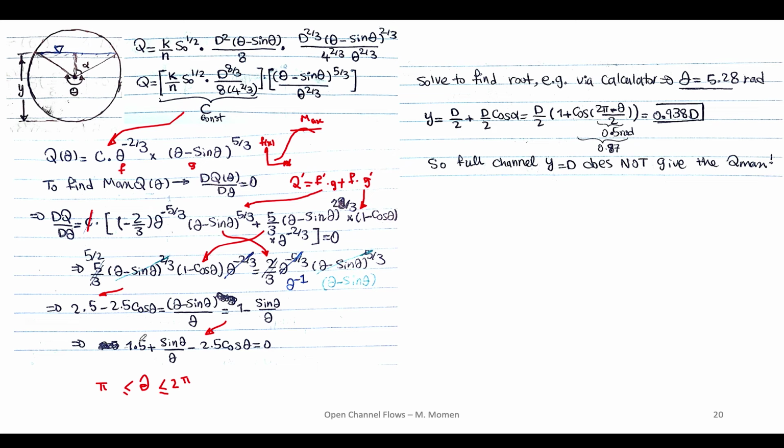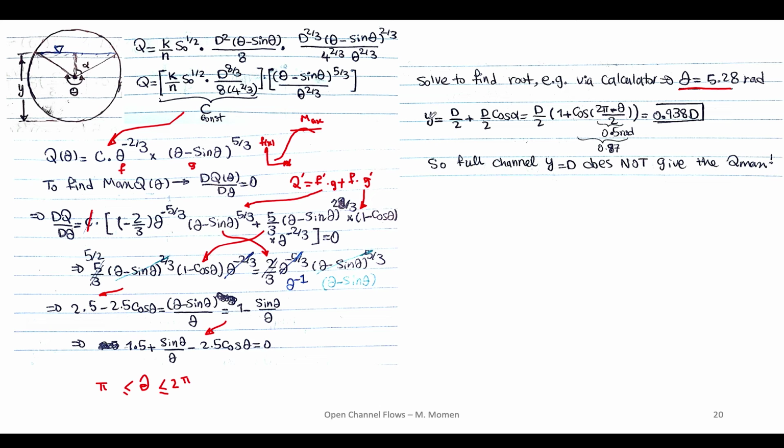If you do either of these two approaches, you will find that theta equals 5.28 radian is the value which makes this 0. So this is going to be our optimum value. Just notice that theta is not 2 pi, it's smaller than 2 pi, okay?